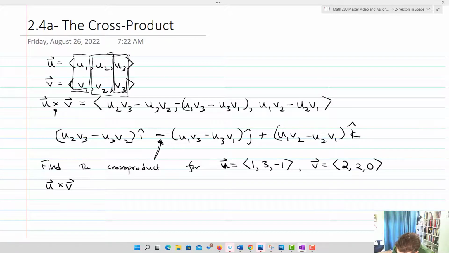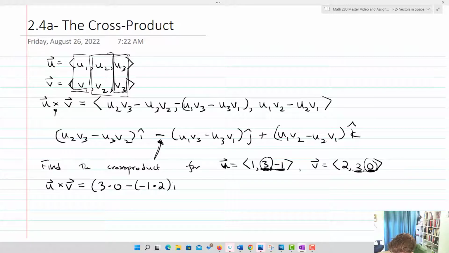So we're going to utilize u2, u3, and v2, v3. I'm going to take 3 times 0 minus negative 1 times 2. So the second times the third minus the third times the second.